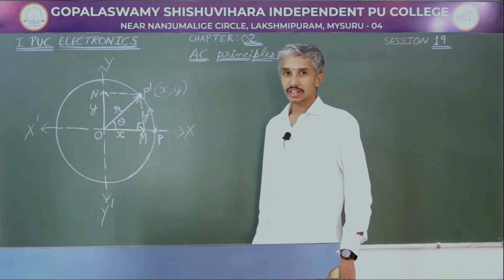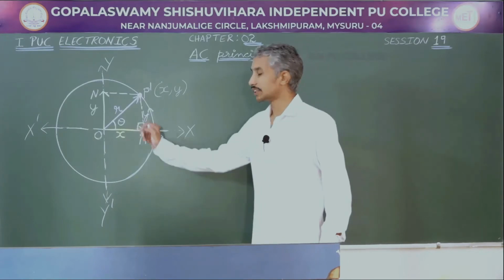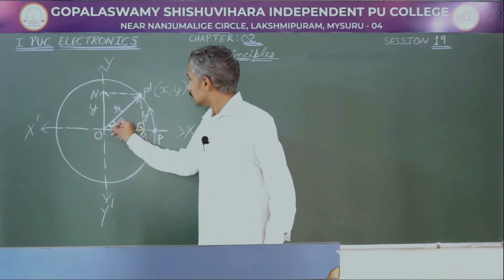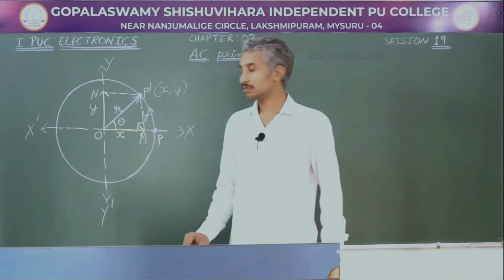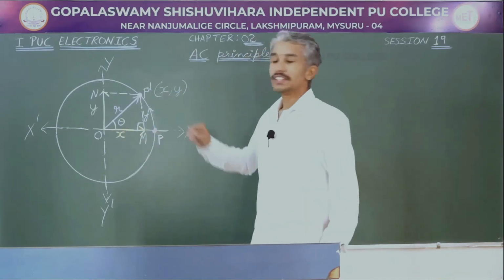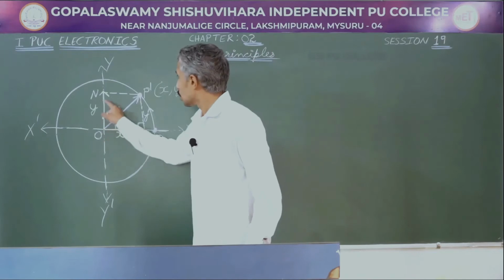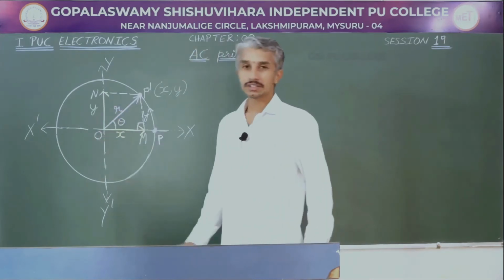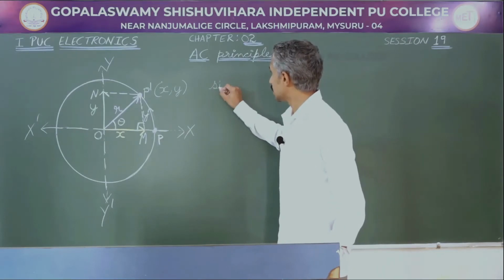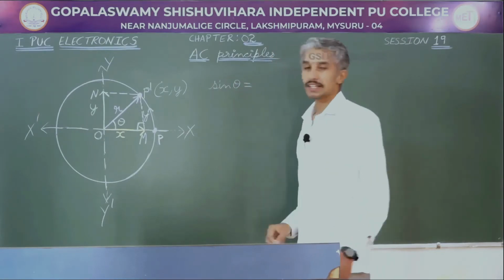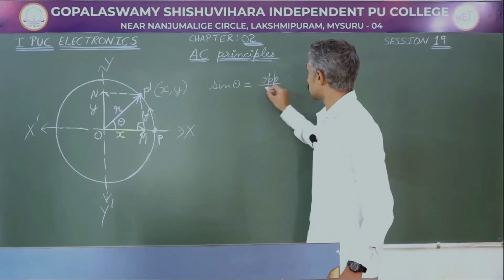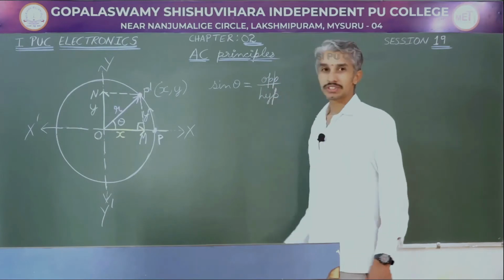And from our introductory class of physics, we have learnt about trigonometry. So, we will recall that. Now, this is the radius. OM gives the x coordinate, ON gives the y coordinate. Then, from trigonometry, we have learned the definition for sin theta, which is equal to the opposite divided by hypotenuse.